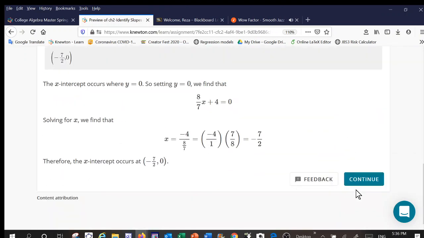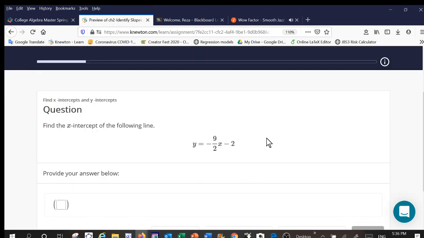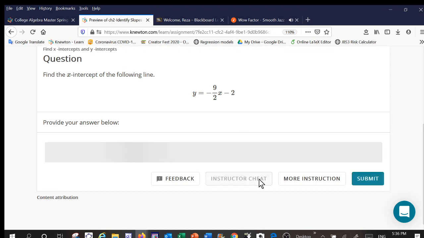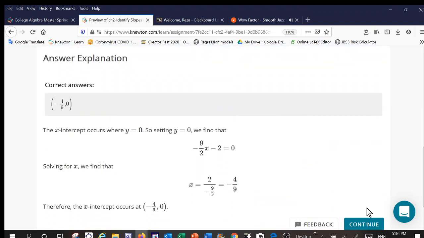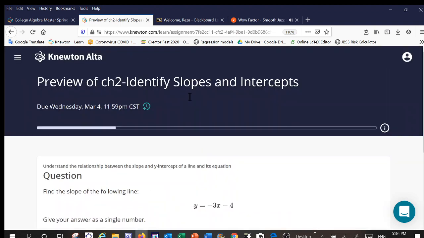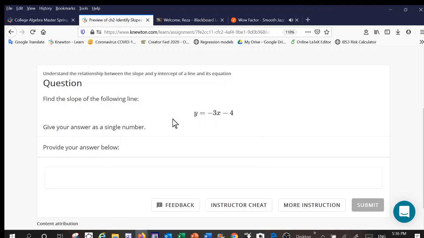All right. Let's continue with this. Find the x-intercept of the following. It's very similar, so I'm just going to let you do it. It says find the slope of the line. Give your answer as a single number. What's the slope of this line?